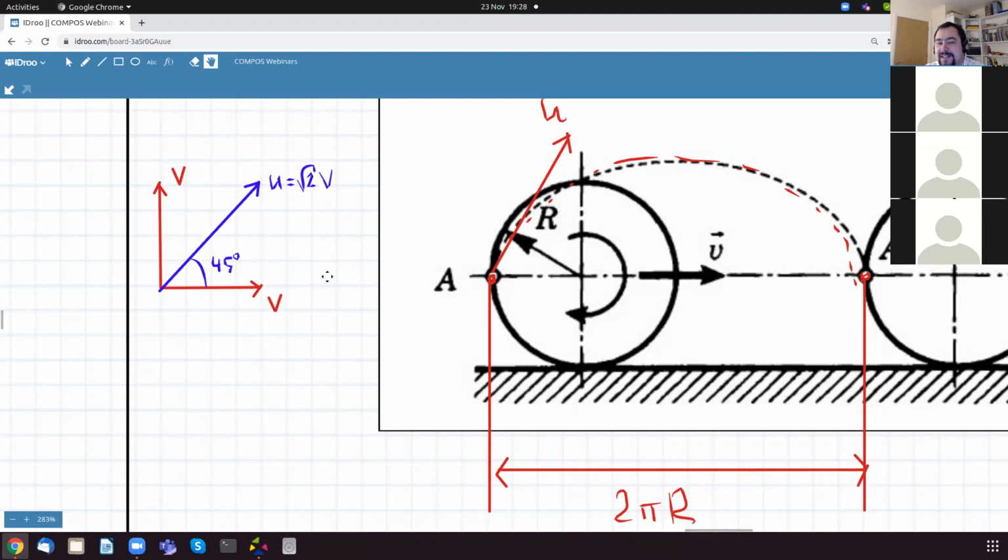We say it is a superposition of two movements, the spinning of the wheel and the movement. Does that clarify things? Okay. Yeah, so you need to isolate the two movements, the spinning and the moving. And you will understand that the spinning and the moving happen at the same speed.